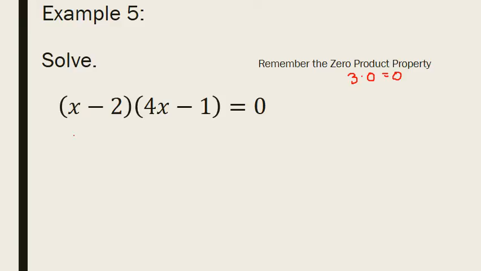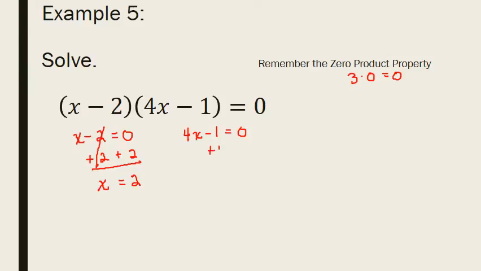So what we're going to do is we're going to set the first set of parentheses, x minus 2, equal to 0. And then I'm also going to set the other set of parentheses, 4x minus 1, equal to 0. And then we solve. So I add 2 to both sides, and we get x equals 2.